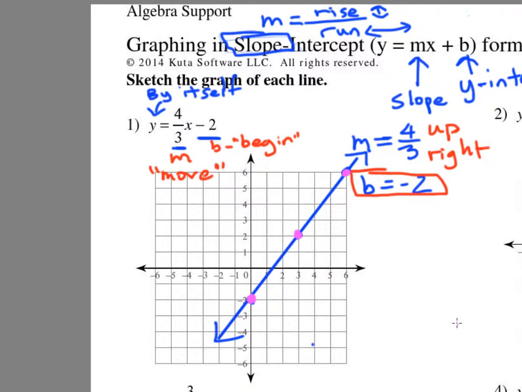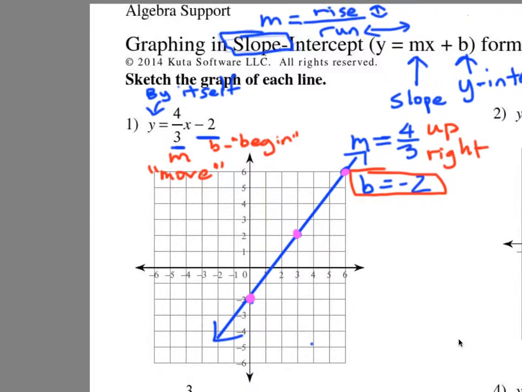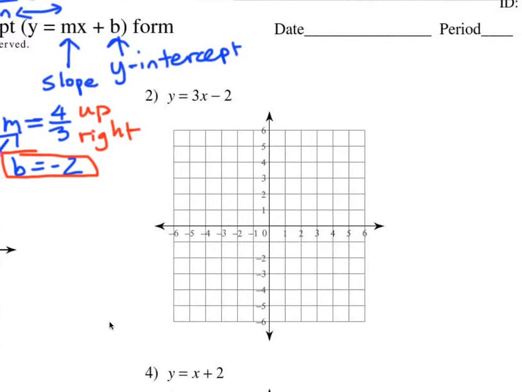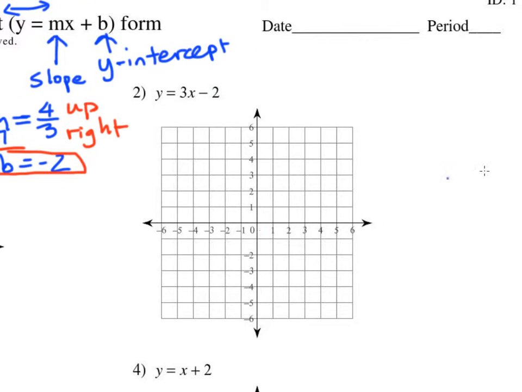All right, let's try another one. Let's come over to number 2. Again, y is by itself, so we know that this is slope-intercept form. This is our m, and this is our b. M equals 3.